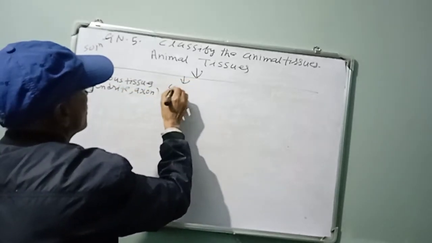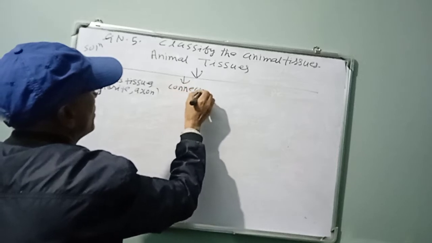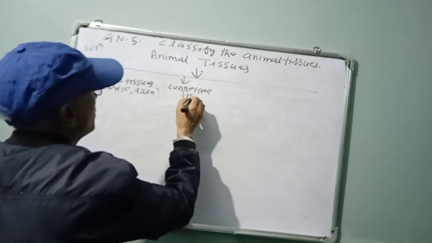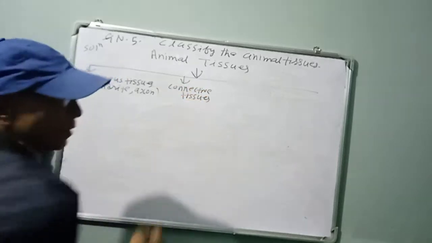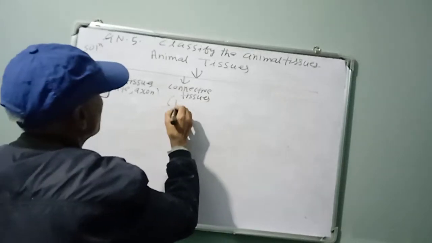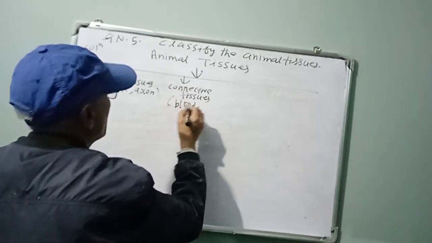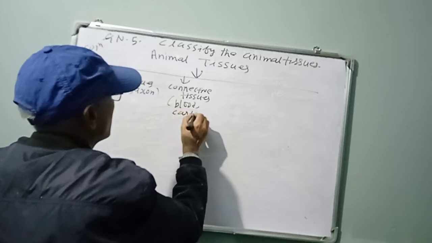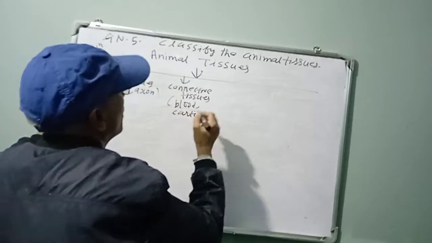Another, connective tissue. Here connective means blood, mainly blood and cartilage.